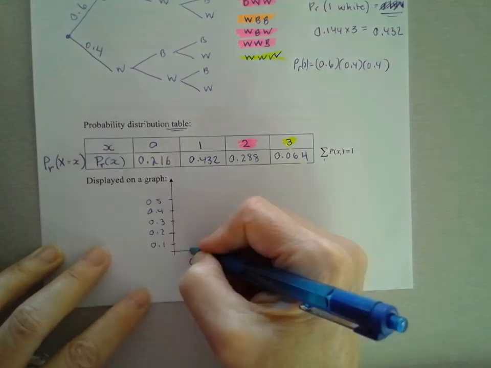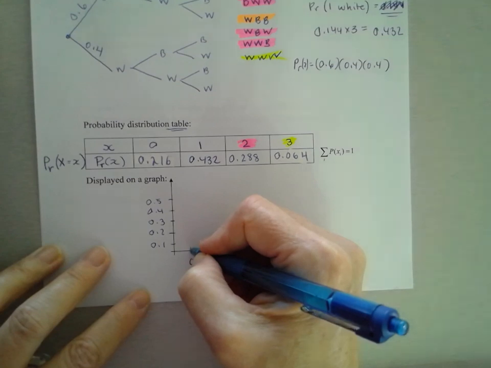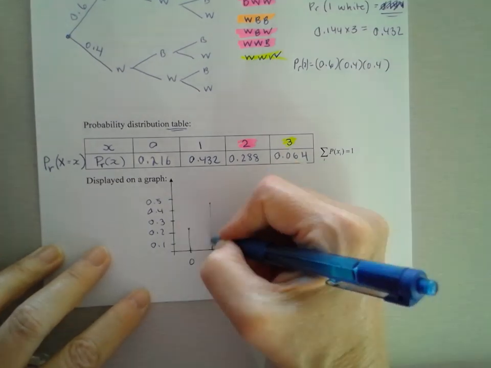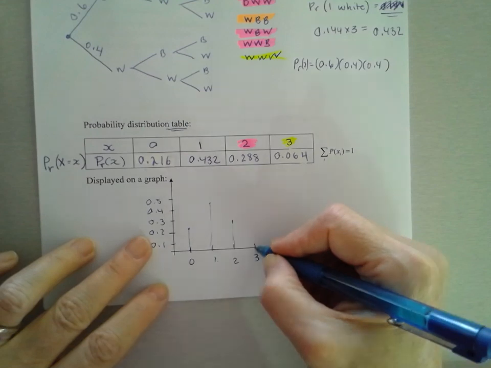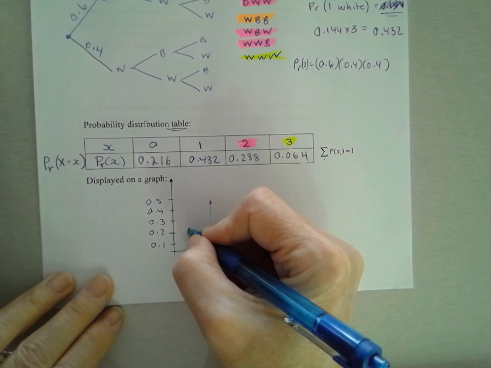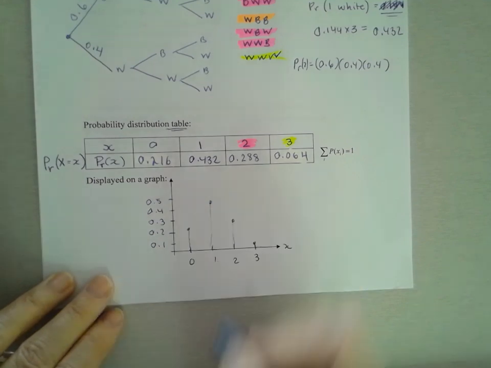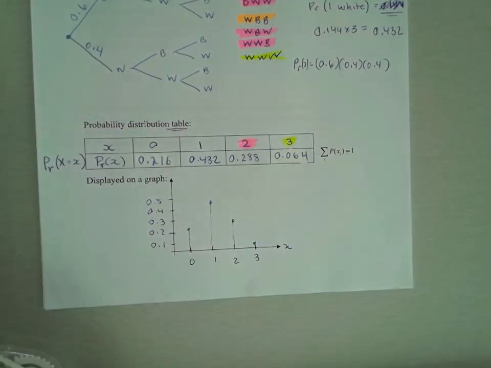This probability goes up to 0.216. At 1, it goes up to 0.432. At 2, it goes up to 0.288. At 3, it goes up to 0.064. Okay, so it's just a little graph. My guess is that they would give you that, and you'd have to figure out that. You know what I mean? I don't think they'd ever make you do that graph. Not sure.